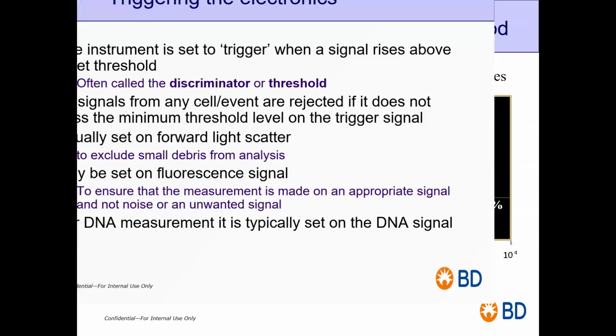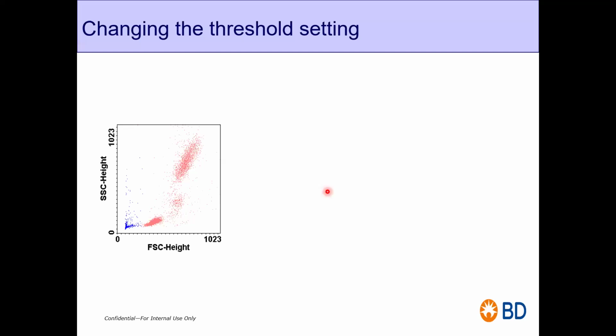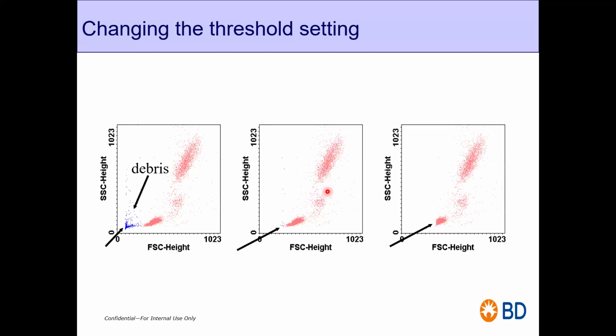Now, triggering the electronics, here comes your threshold. I'll go directly to this graph. What does threshold mean? Threshold is the command we give to the machine that at a particular point I want my debris to be removed.